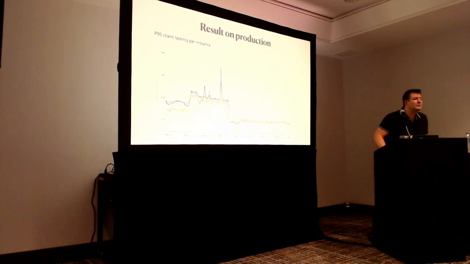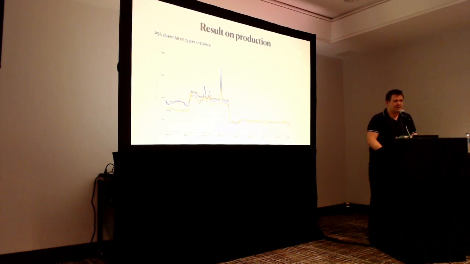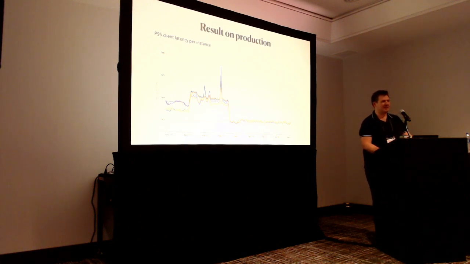Sorry? What tool are you using to measure these latencies and plot them? For that latency graph, I'm using Datadog. It's an observability tool. In the past, at Visa, we were using, like everyone, ELK: Elasticsearch, Logstash, and Grafana.